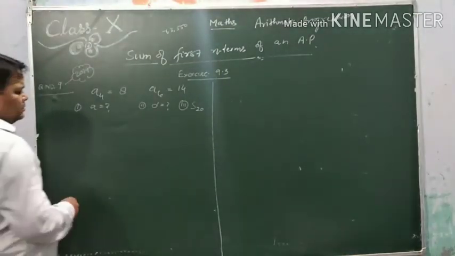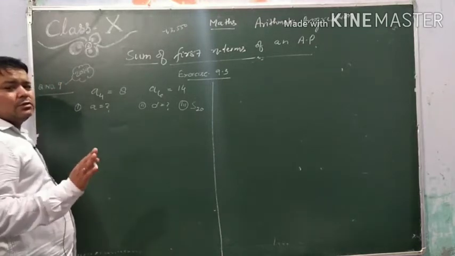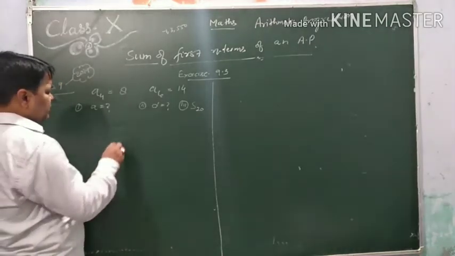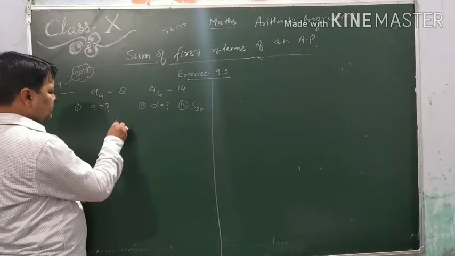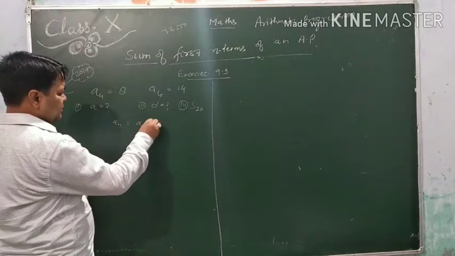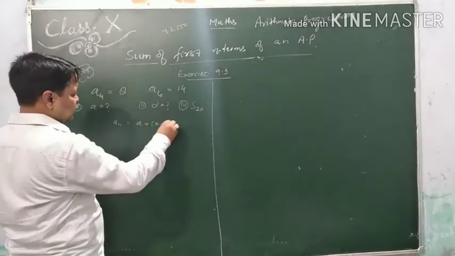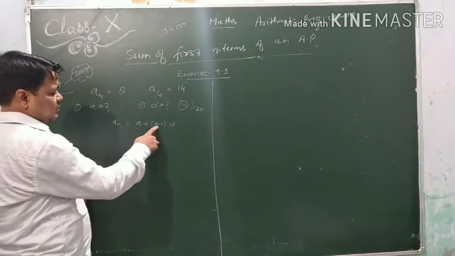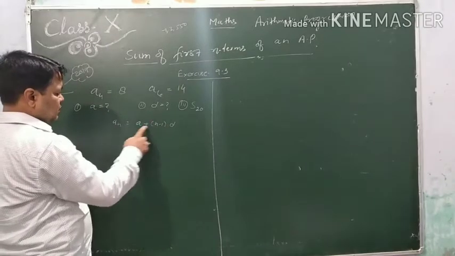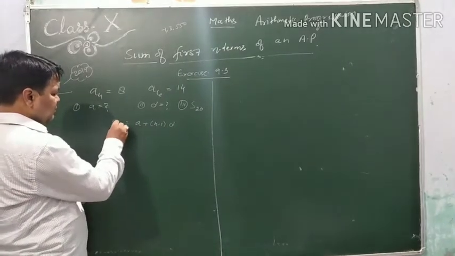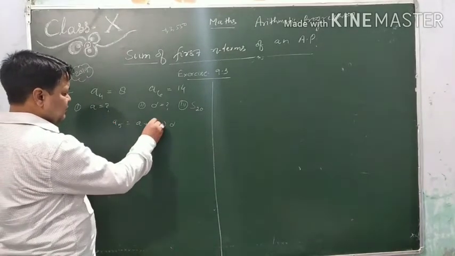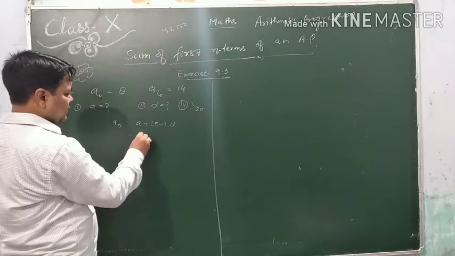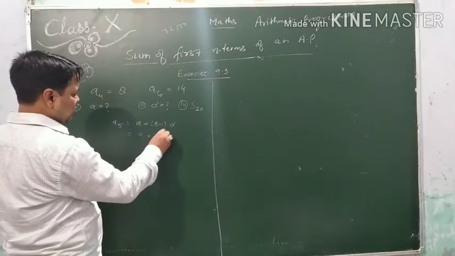Here we know which formula we will use. The nth term a_n is equal to a plus n minus 1 into d. Try to understand: if n is 5, then it will be 5 minus 1, so a plus 5 minus 1, which is 4.